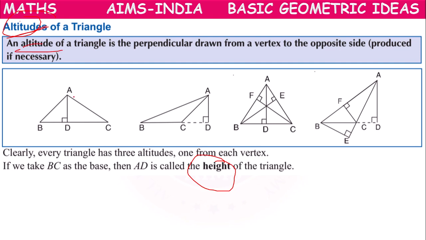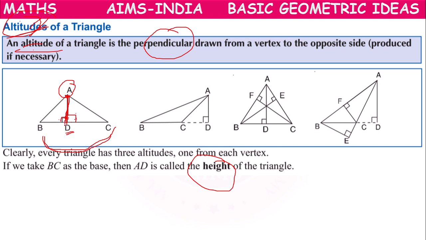Altitude means from the vertex to the opposite side, we draw a perpendicular line such that the adjacent angles formed at D are right angles. Then it is called a perpendicular line, and that length is called the altitude of the triangle.